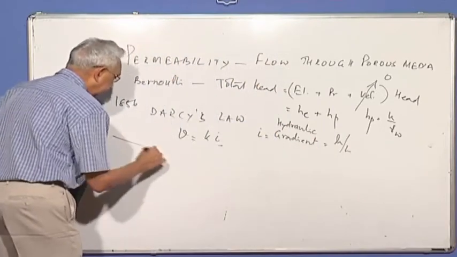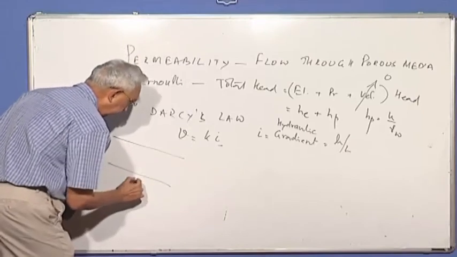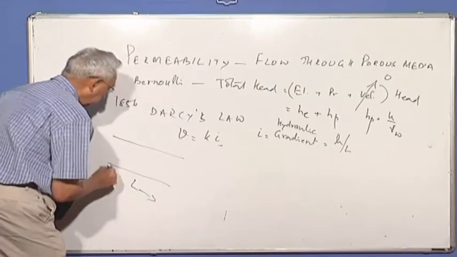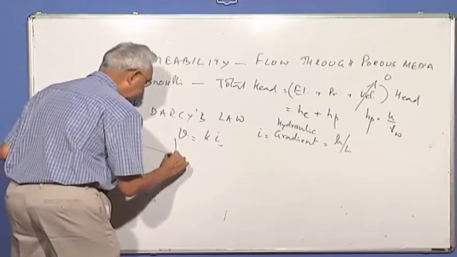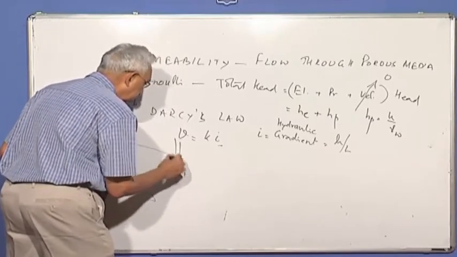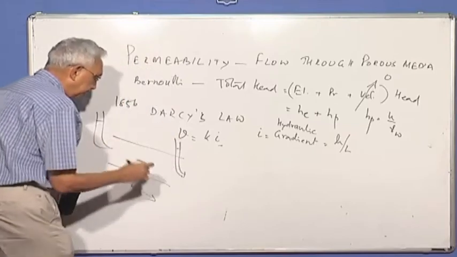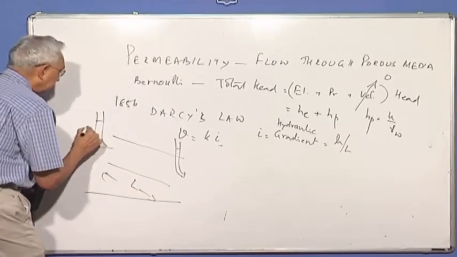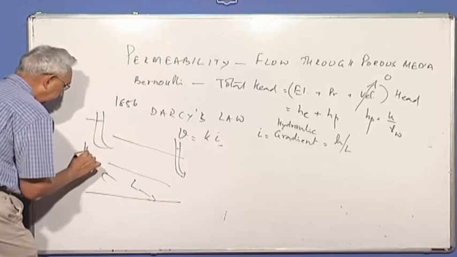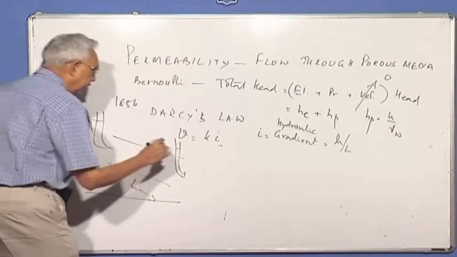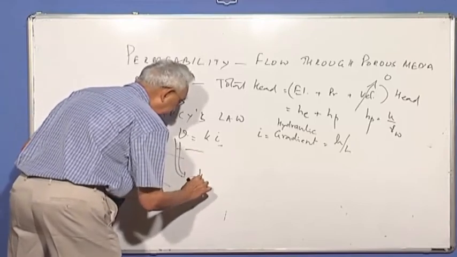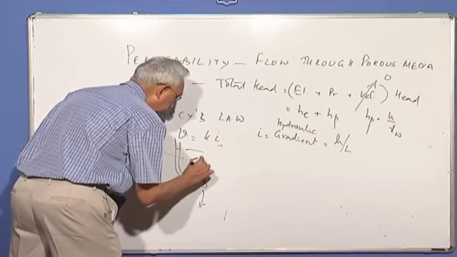Suppose we have a stratum of length L, and if I put a piezometer here, the pore pressure is here, another piezometer, pore pressure is here, and if I look at the datum, I call this H at point A, and here it is H, total head at B.